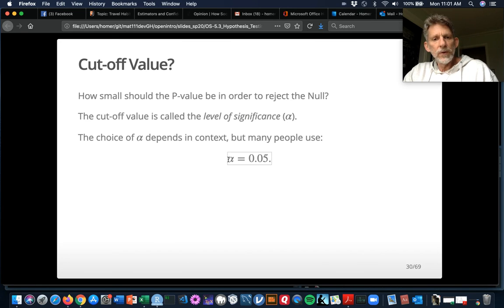But a lot of people will use alpha to be 0.05. And we'll go ahead and use that value all the time unless we specifically say that we're going to do otherwise, for practice, or if there's a situation where it seems we ought to have a lower or a higher level of significance. So for you, the rule is going to be, if the p-value is less than 0.05, reject the null. If the p-value is bigger than 0.05, fail to reject the null.